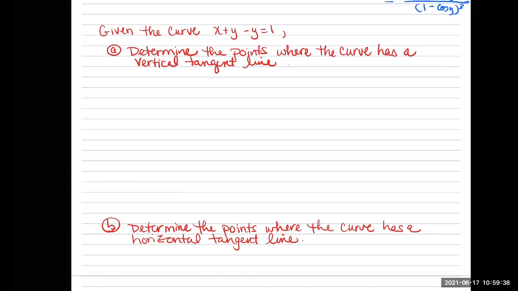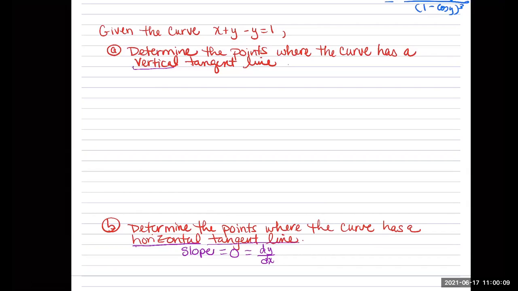If we have a horizontal tangent line, what do we know about the slope of that line? If a line is horizontal, what do we know about its slope? Yeah, it's 0. Good. And since we're talking about the tangent line, we know the derivative gives us the slope of the tangent line. So that means that dy/dx would be 0 at those points where we have a horizontal tangent line.